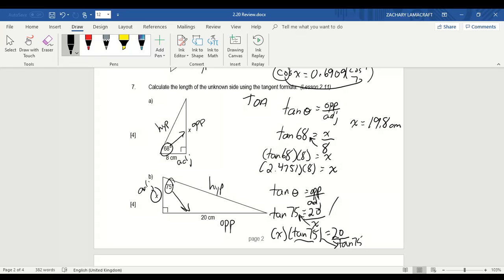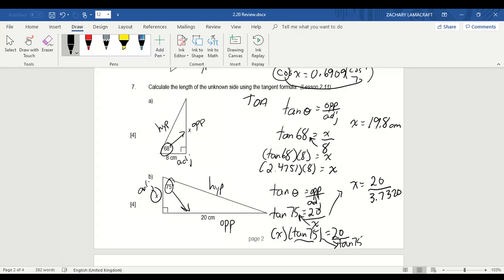So then x equals 20 divided by tan 75, and tan 75 on my calculator is 3.7320.